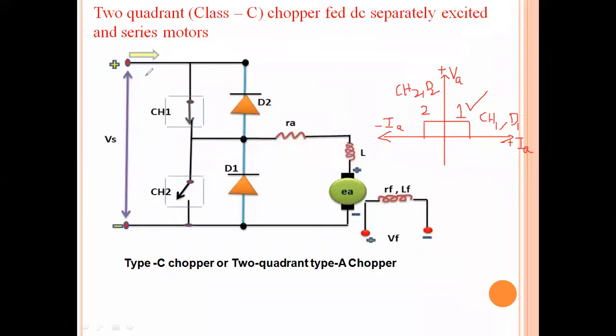If switch 1 is turned on, then the current will flow from the positive terminal to switch 1, to the motor armature resistance RA and armature inductance LA, and the motor back EMF EB, and back EMF to the negative terminal. So the current flows in this direction.